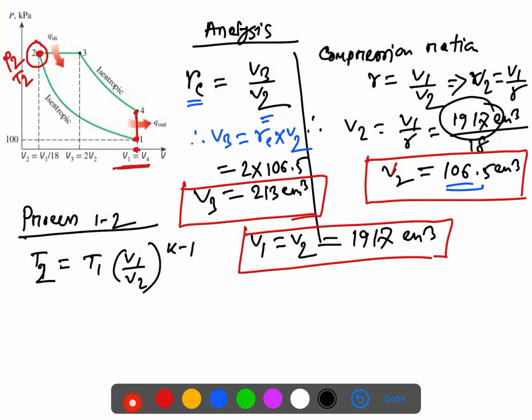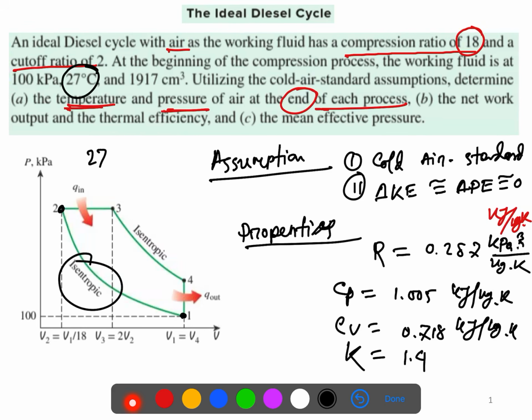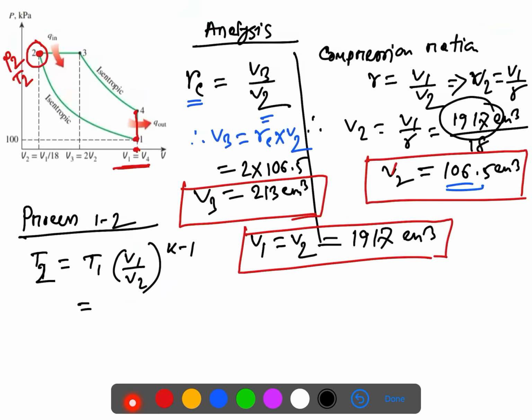Now the temperature T1: what is T1 in the question? Look in the question: 27 degrees centigrade. 27 plus 273, so 300 Kelvin. So put 300 Kelvin here.